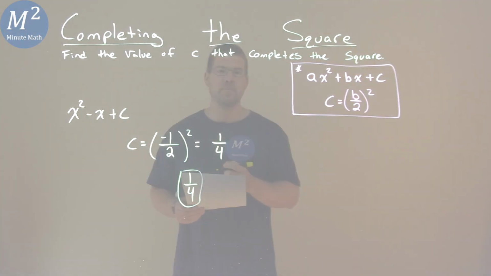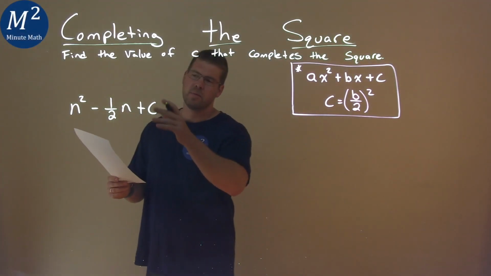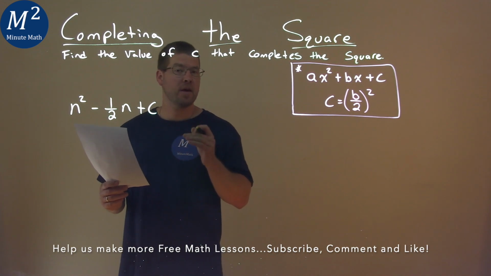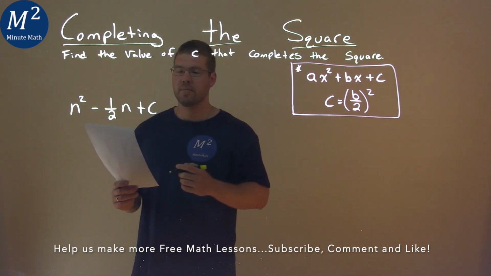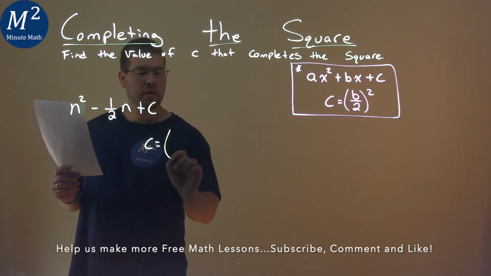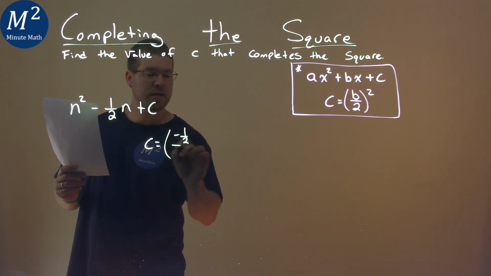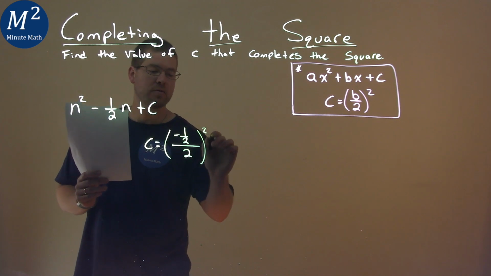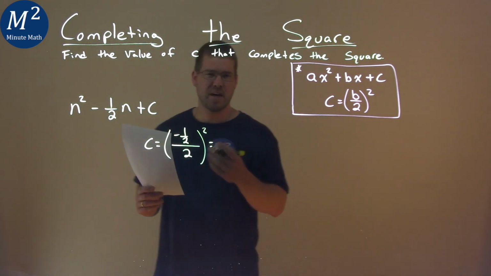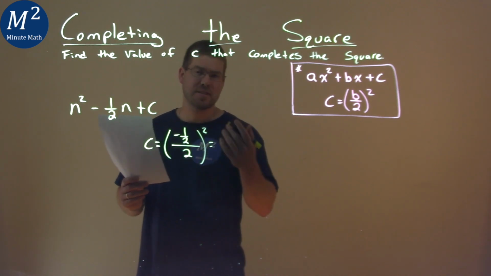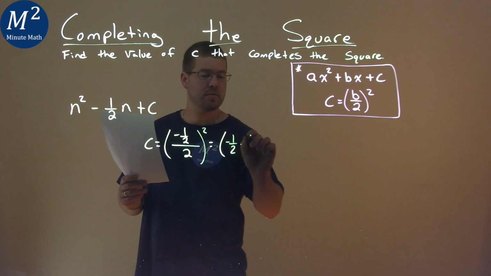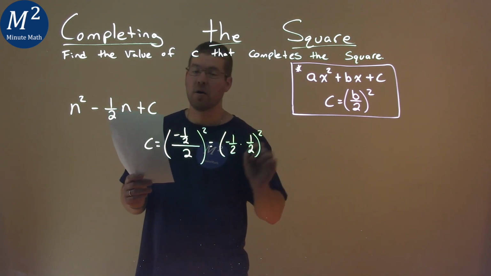We're given this problem right here, n squared minus 1/2 n plus c, and we have to find the value of c that completes the square. Well, c is equal to, with our formula, our b value, which is a negative 1/2, divided by 2, all squared. Now, if you're like me, dividing with fractions is kind of a pain. Well, dividing by 2 is the same as multiplying by 1/2. So this is negative 1/2 times, well, 1/2, all squared.